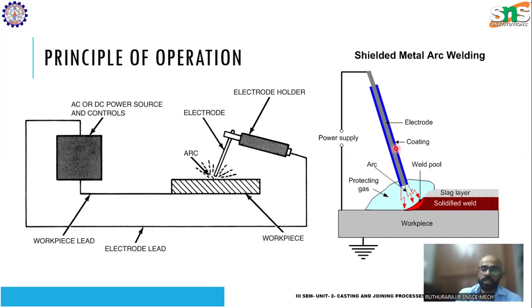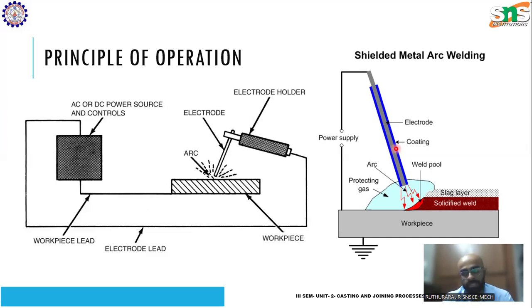So here, consumable electrode means that this electrode will be used during the welding process. What it indicates is that the electrode will be melted and utilized as a filler rod during the welding process. So this electrode actually plays a dual role.